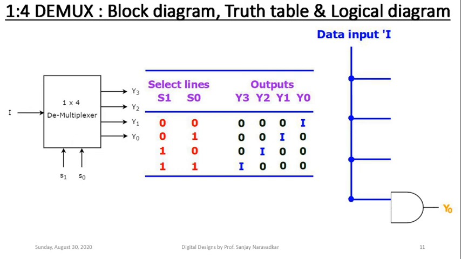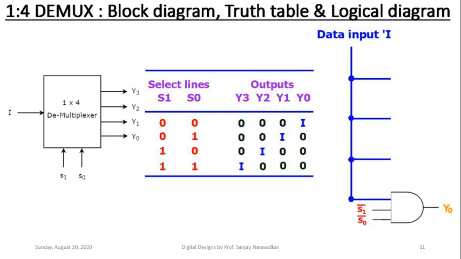So you can observe it: S1 bar and S0 bar. It means that input I should be connected there as one of the inputs for the AND gate, and apart from that, select lines are also to be connected with proper logic. The other two inputs for that AND gate are S1 bar, S0 bar, clearly shown here.